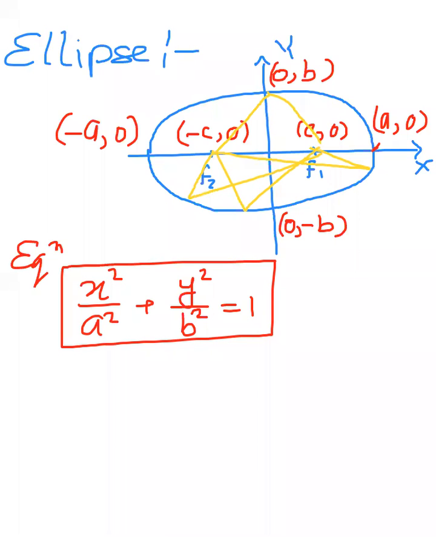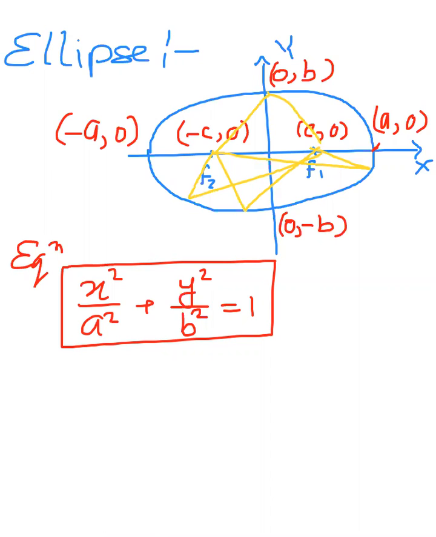X square upon the square of the distance of the vertex on the major axis, plus y square upon the square of the distance of the vertex on the minor axis from the center, equals 1.